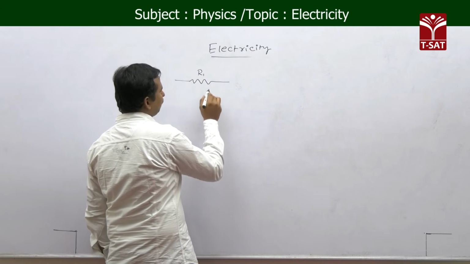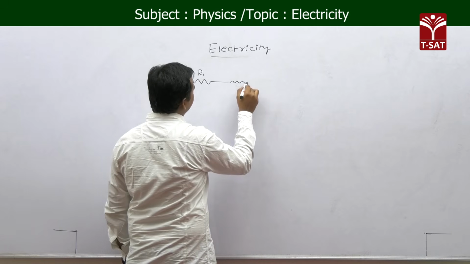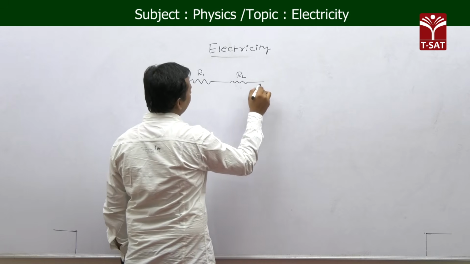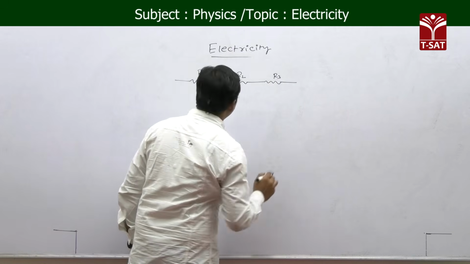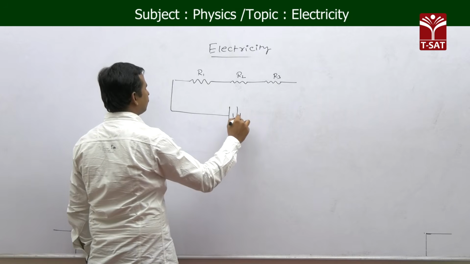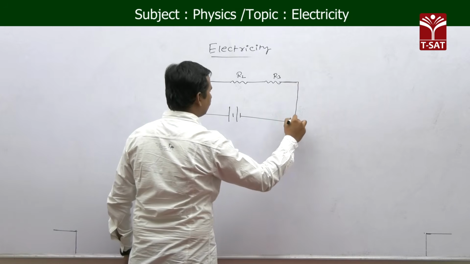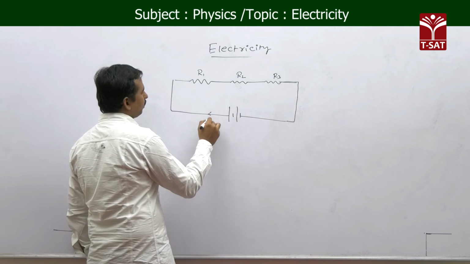Let us suppose I have a resistor with resistance R1, another resistor with resistance R2, and a third one with resistance R3. Now all are connected to a battery like this. If you observe, when the battery is connected, the current flows inside.